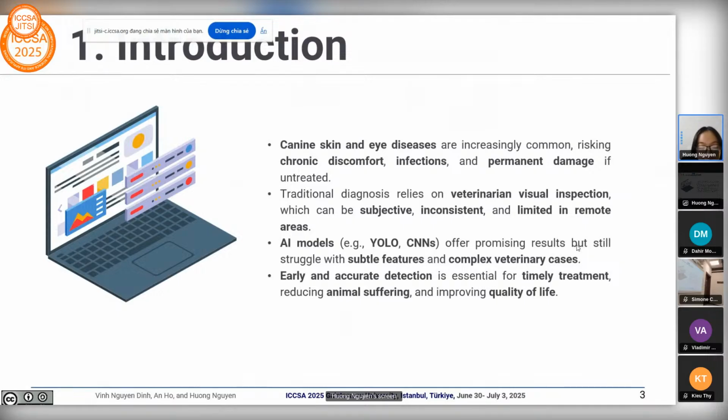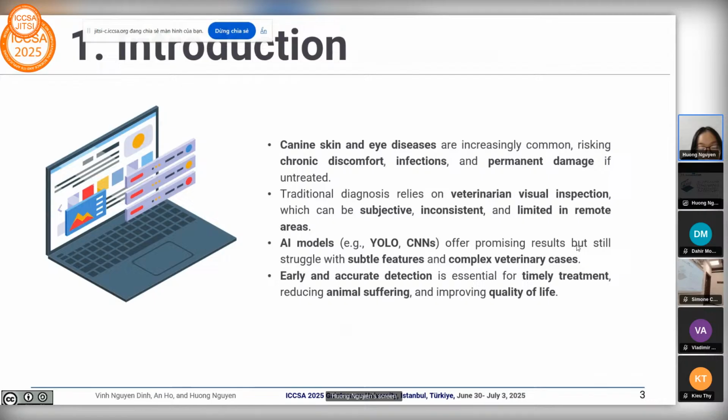Traditional diagnostic methods mainly rely on visual examination by veterinarians, which can be subjective and inconsistent, especially in remote or under-resourced areas. And while recent AI models like YOLO or CNN have shown promise in medical imaging, challenges remain in capturing subtle features and generalizing to broad, complex veterinary cases.